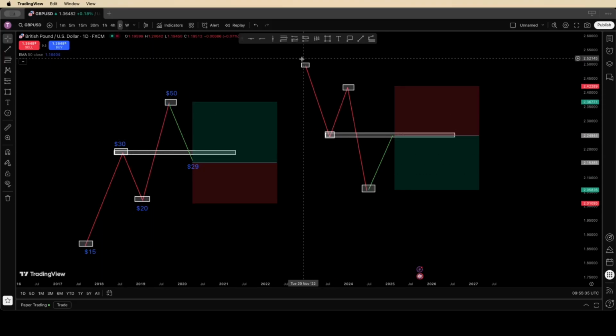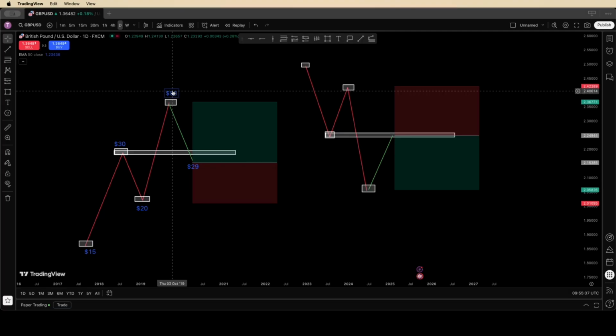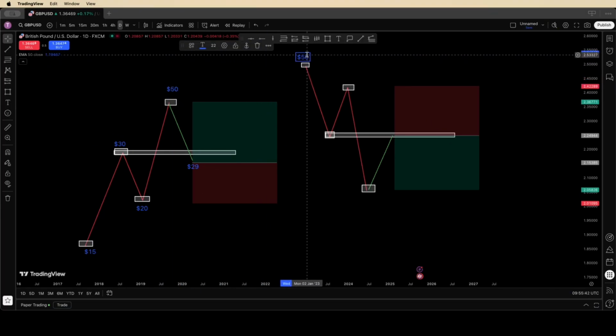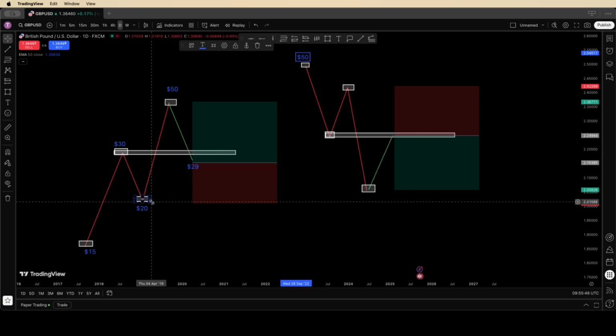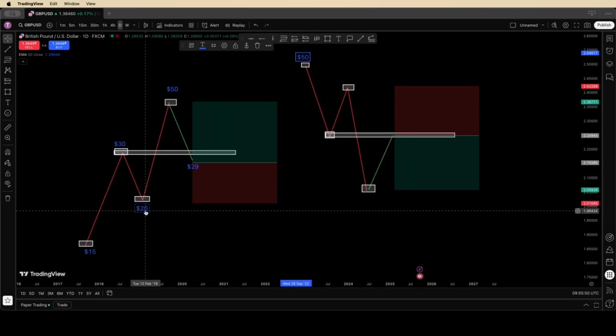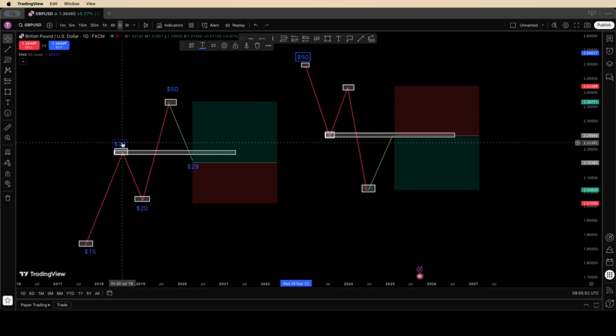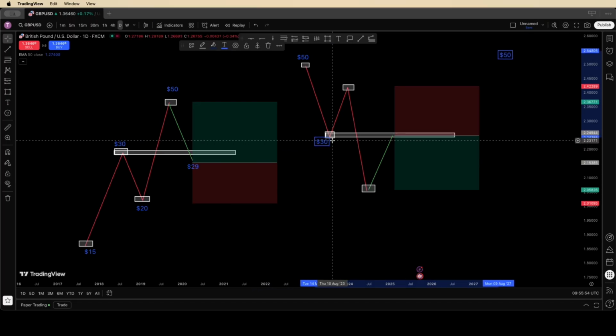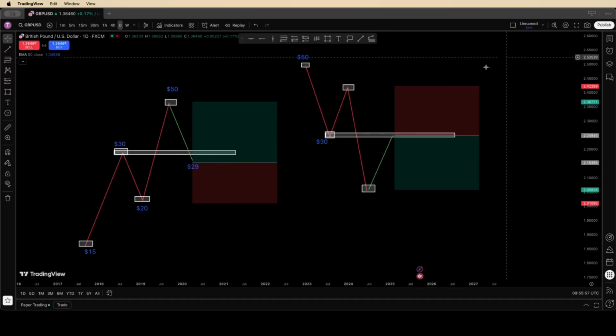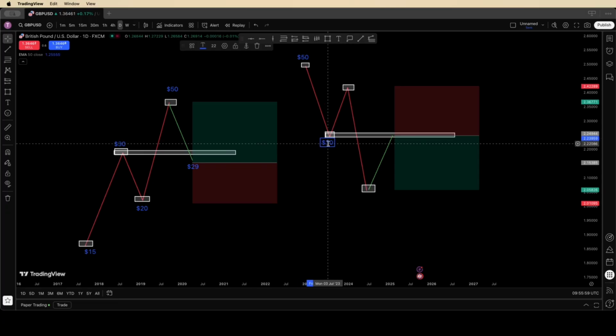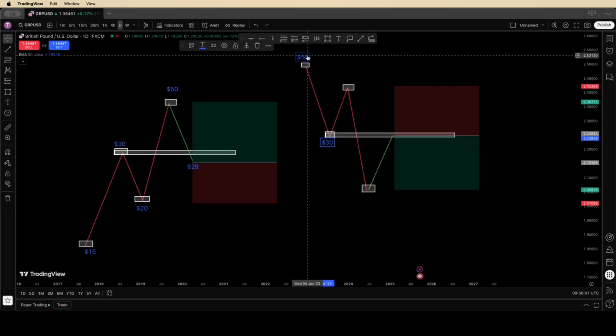Same thing at this point, we can look at it this way. Here we have $50, and somebody wanted to sell at $50 but didn't get the chance, and then the price went to, let's say, $30. They would think, oh my god, I could have sold at $50 and made so much money, now it's at $30.